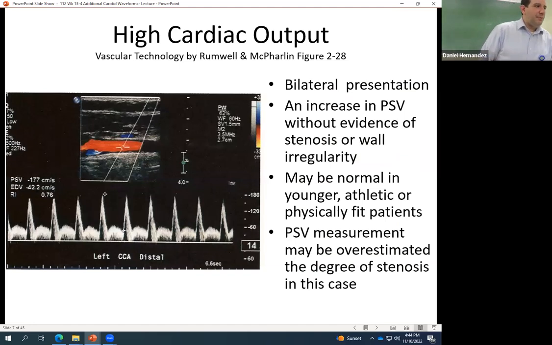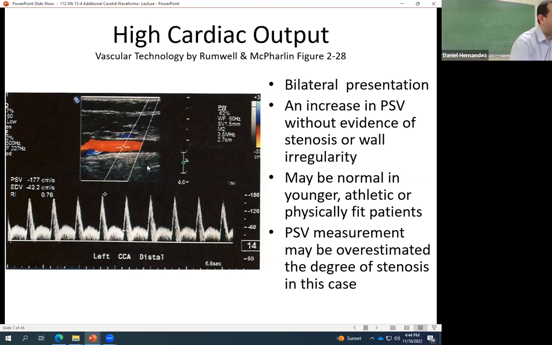All right, patients who have high cardiac output, so this is both of you: young, active, healthy patients. We might have elevated velocities just because the patient has a high cardiac output. So peak systolic velocity measurements may be overestimated in the ICA.